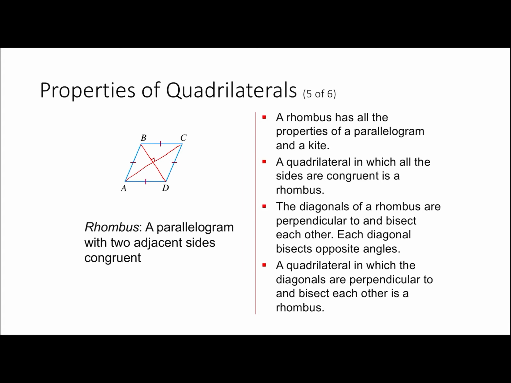A quadrilateral in which all sides are congruent is a rhombus. That's what we just mentioned. The diagonals of a rhombus are perpendicular to and bisect each other. So if it's a rhombus, again, this diagonal from A to C and the one from B to D, it bisects each other and it forms a right angle. It's perpendicular.